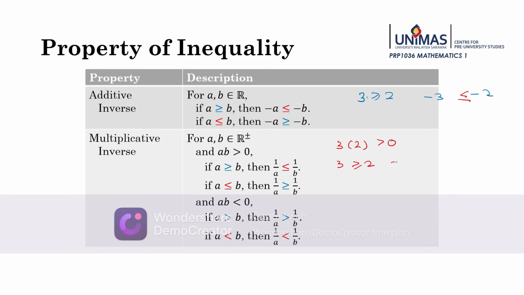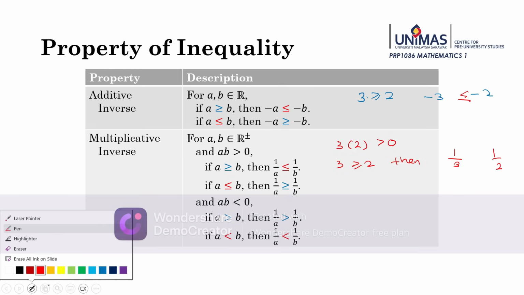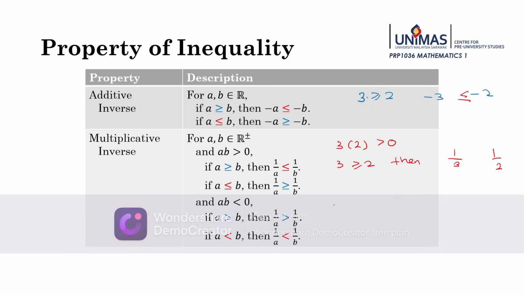When you inverse it, 1 over 3, 1 over 2. So what can you see? It's no longer greater than or equal to, the end result changes to less than or equal to. Students, you can try the rest for different types of examples.